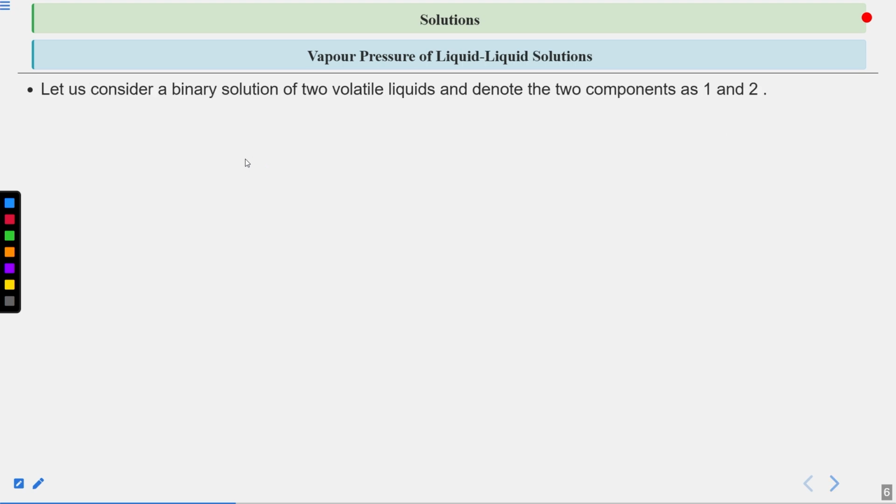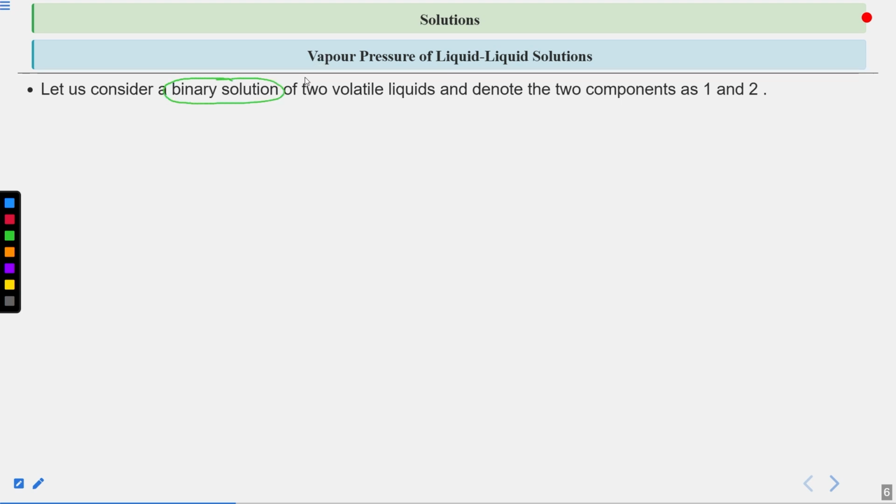Raoult's law is only applicable to liquid-liquid solutions. In Raoult's law, we try to develop a relation between the vapor pressure of a liquid-liquid solution and the concentration of the solute. For that, we will consider a binary solution. What is a binary solution?